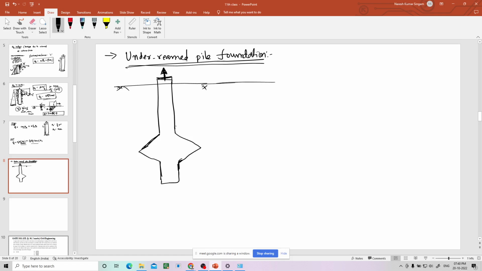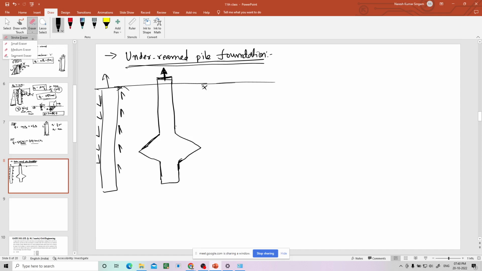See, coming to the normal pile foundation, I'll draw here better. This is normal pile. So if you apply load downward, there will be only frictional resistance as we talked, right? But here you cannot produce any bearing pressure because there will not be any contact when you are applying upward load.